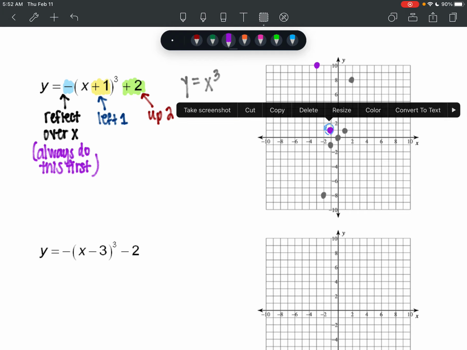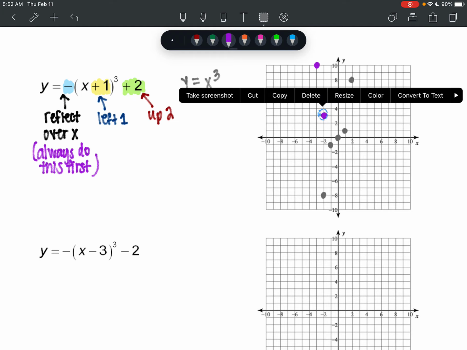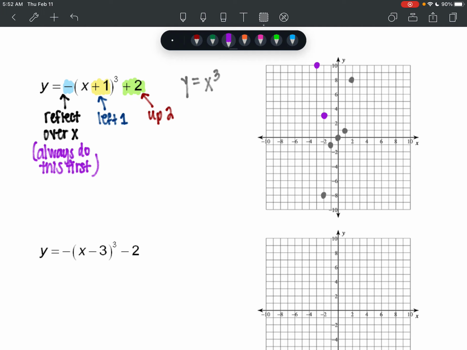And then I'm going to take that reflection and we're going to go left 1, up 2. I do the same thing with 0, 0. I reflect it over the x-axis. It's on the x-axis, so it's not going to go anywhere, but I do have to shift it left 1, up 2.